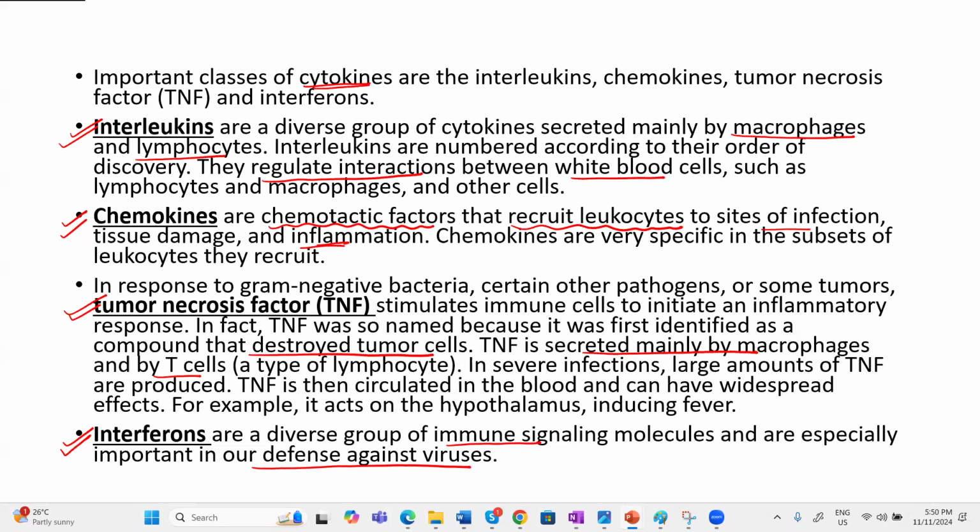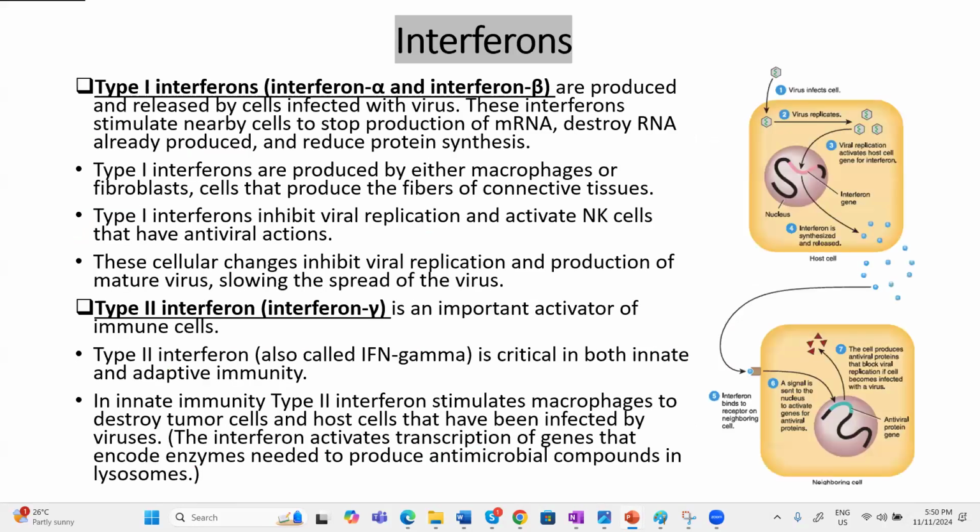Cytokines are chemical proteins which are released from one cell and give a signal to another cell. Now see next, types of interferon. Type 1 includes alpha and beta. If you see here, this is a cell which is infected by the virus. This gene is now making protein. Interferon is synthesized and released, and receptors are present on the neighboring cell.